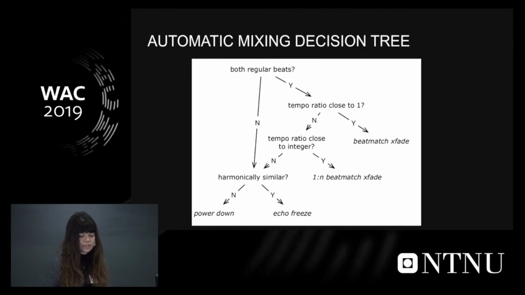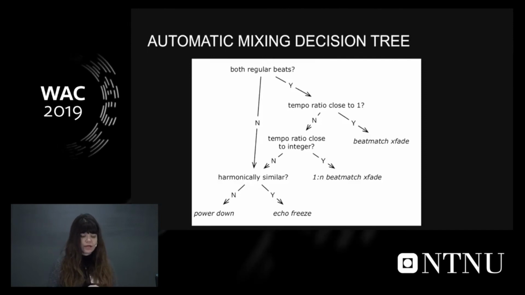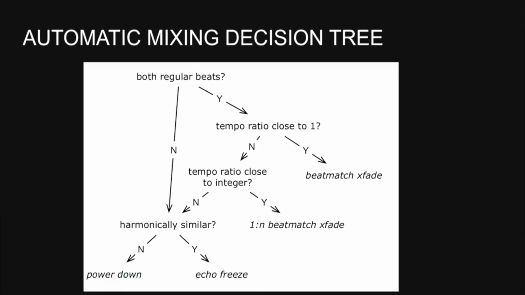So this is how such a decision tree looks like. You first ask, do they have regular beats, yes or no, and then further questions: tempo ratio close to 1, or tempo ratio close to an integer, and or harmonically similar, and then you come up with different ways of mixing them into one another. And whoever was at the demo yesterday might have seen this.